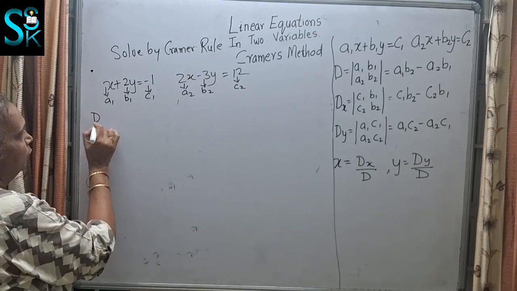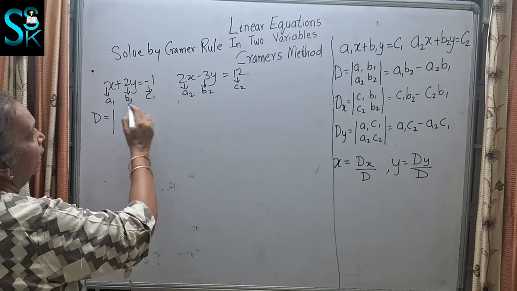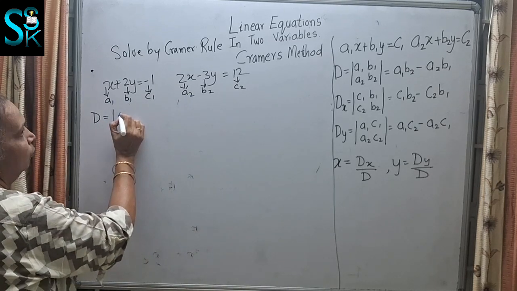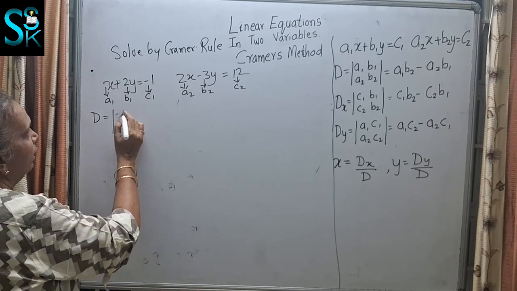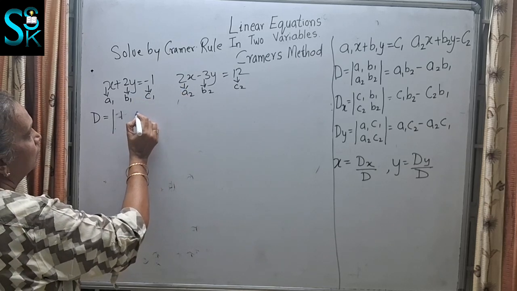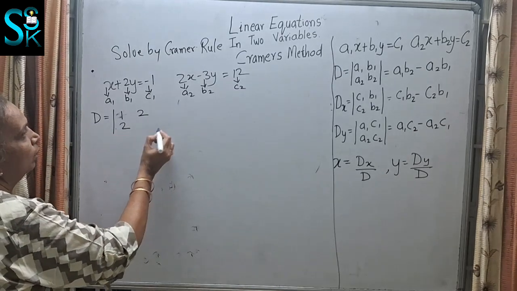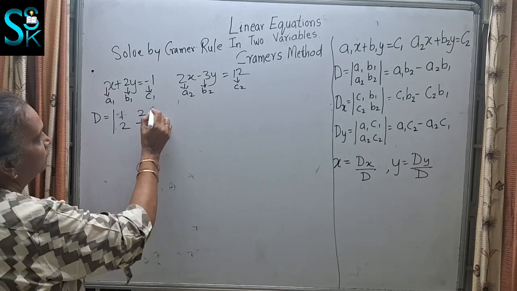To find out the value of D, first you are writing A1 and B1 horizontally in the row. A1 is nothing but 1 and B1 is nothing but 2. A2 is nothing but 2 and B2 is nothing but minus 3.